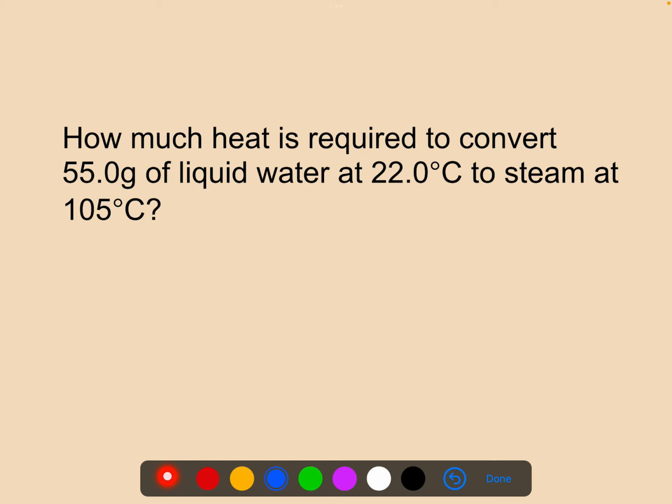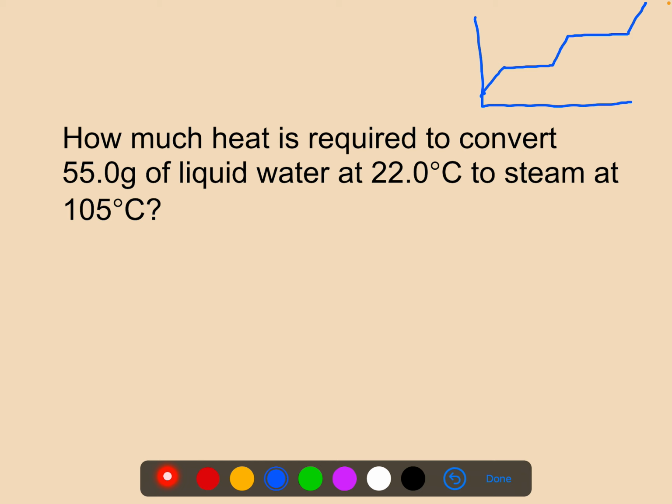We want to know how much heat is required to convert 55 grams of liquid water at 22 degrees Celsius into steam at 105 degrees Celsius. And I'm going to draw a heating and cooling curve up in the corner so we can see where we're starting and where we're stopping. This may help you figure out what steps you need to take.